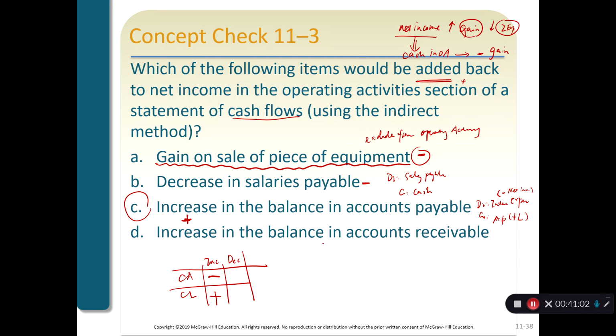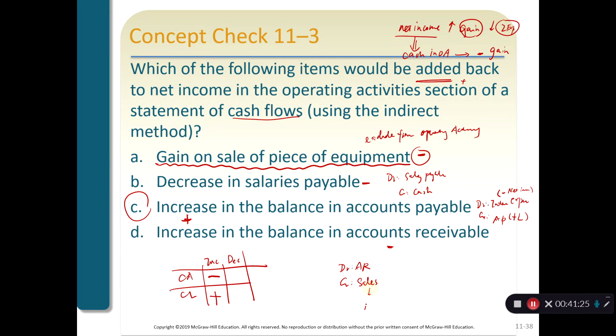So increasing balance in accounts receivable. Basically increasing accounts receivable, we want to minus it. So this is minus. So the correct answer should be C, right? So why does an increasing balance in accounts receivable have to decrease cash flow? It's because when you make a sale, you debit accounts receivable, you credit sales, right?